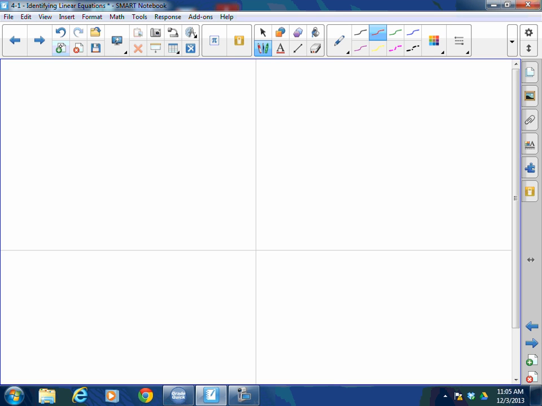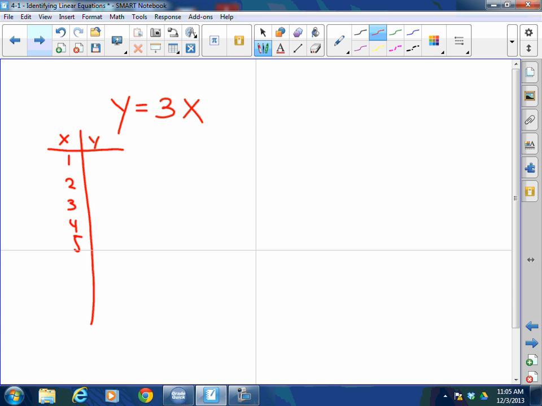Remember when we were talking about functions, I said that you can never have two different y's for the same x. Correct? Right, guys? Okay. So if I have here y equals whatever, 3x, okay? And I have my x and my y, and I go 1, 2, 3, 4, 5. And I go 3, 6, 9, 12, and 15.